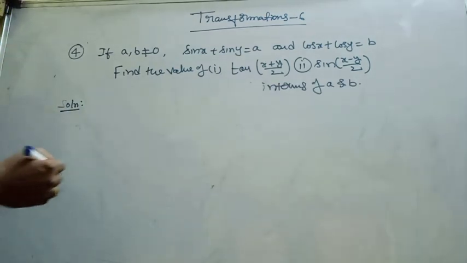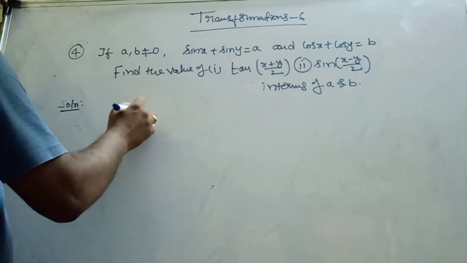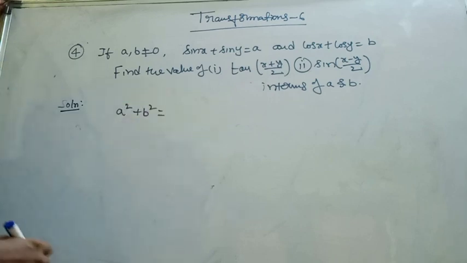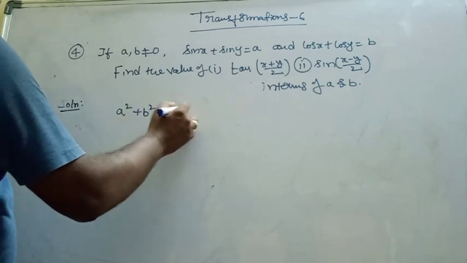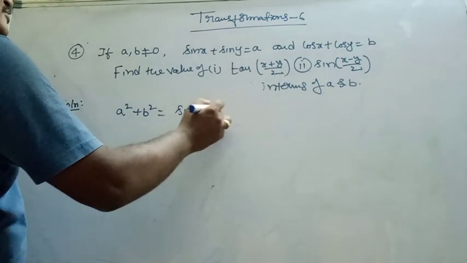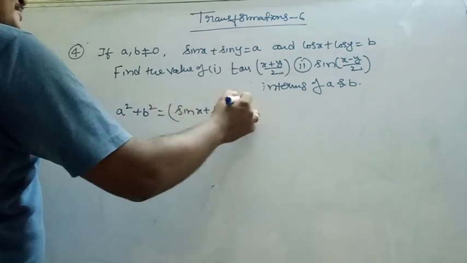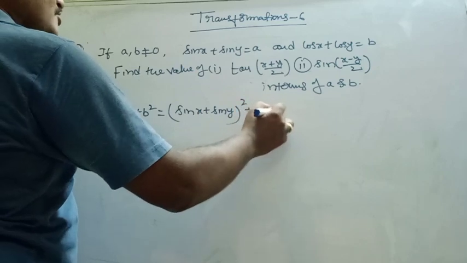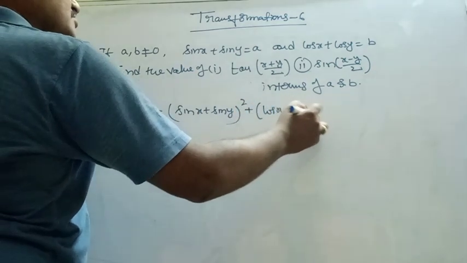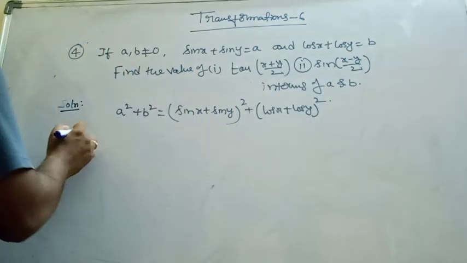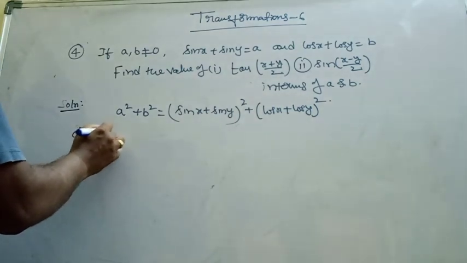Now to get the second part, let us do a square plus b square. Once you do a square plus b square, we have here (sin x plus sin y) whole square plus (cos x plus cos y) whole square, like this. A square plus b square is equal to this.